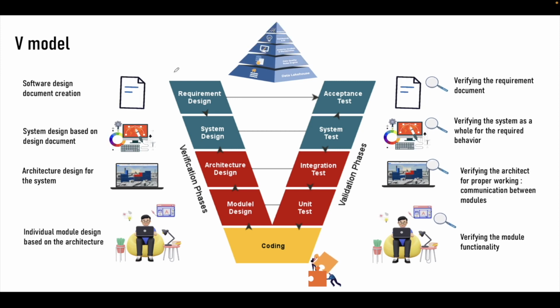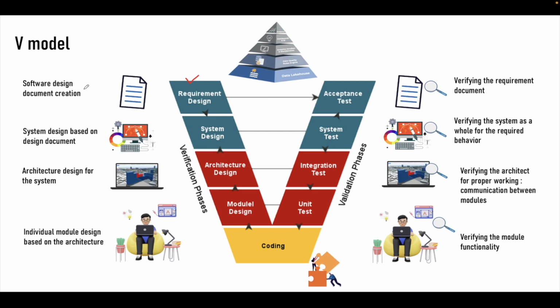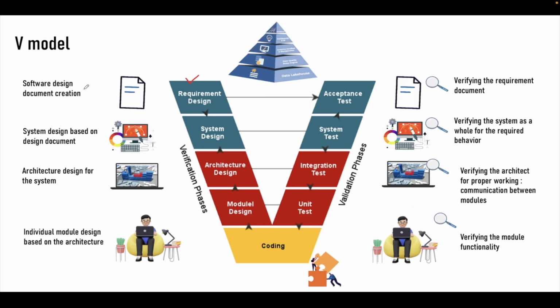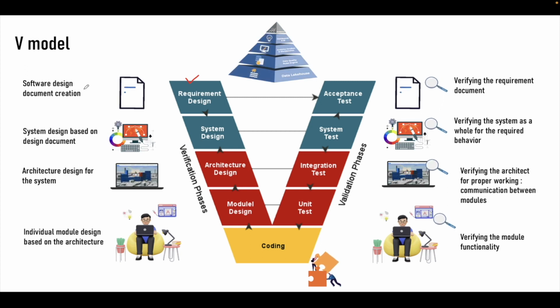Coming to the V model, the first stage is the design of the requirement document. Everything will be written over here, what the system should be behaving like, or what is the need from the system. Correspondingly, an acceptance test also is being created based on this requirement.